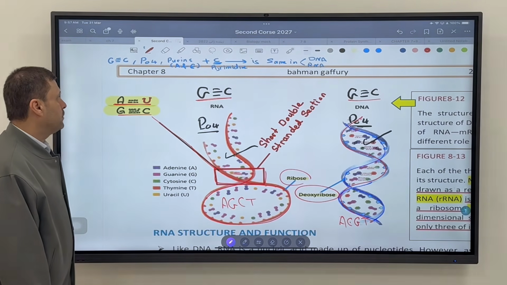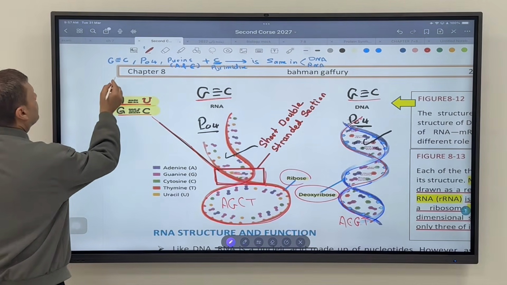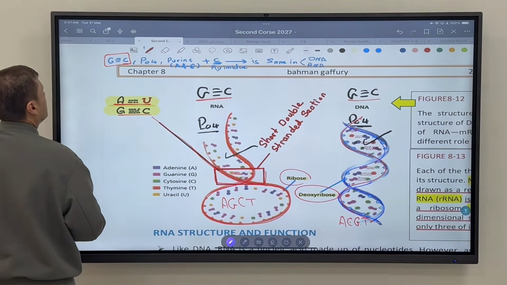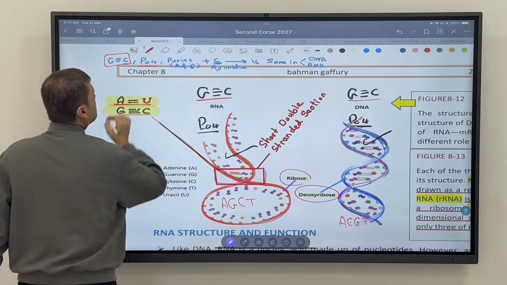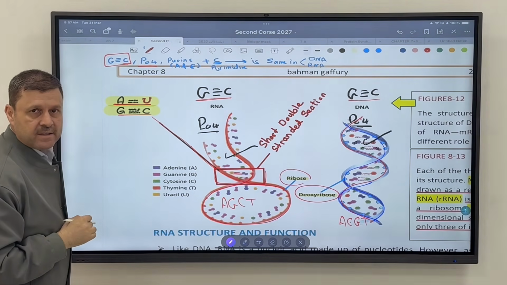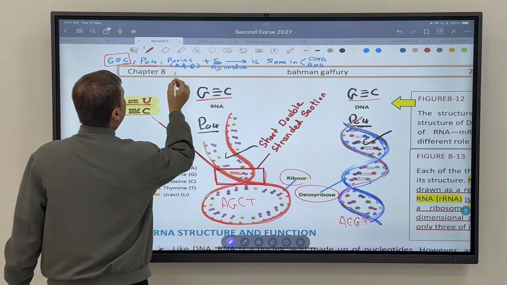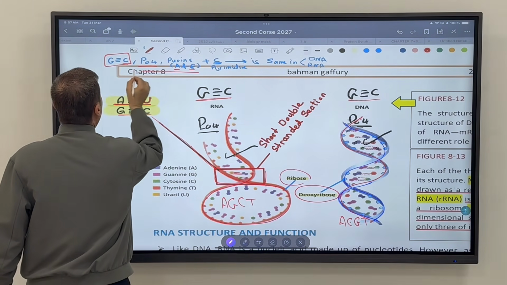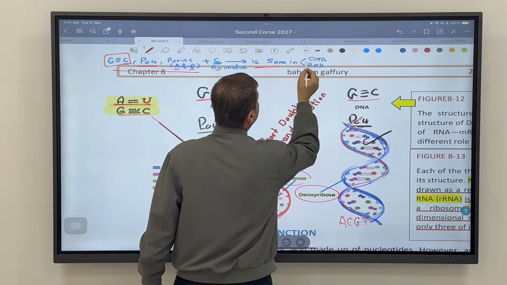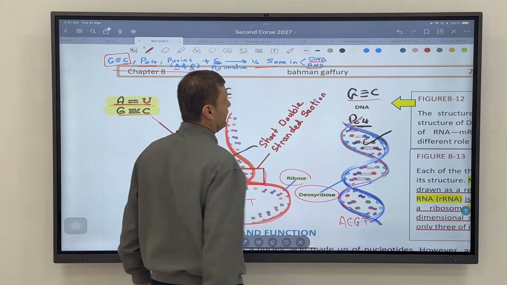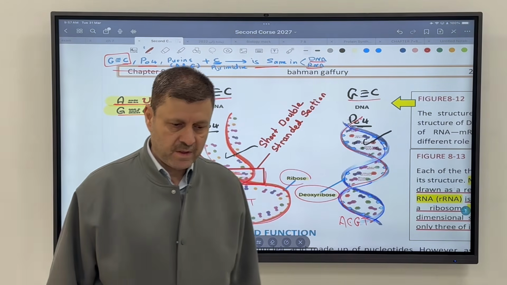That's all the differences between them. So the GC triple bond, the phosphate groups in the nucleotides, and the purines A and G, all of them are the same in both DNA and RNA. That's all for the first lesson.